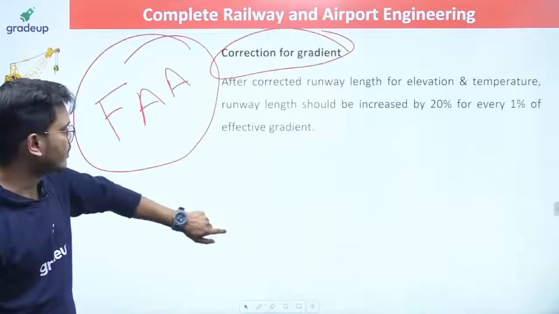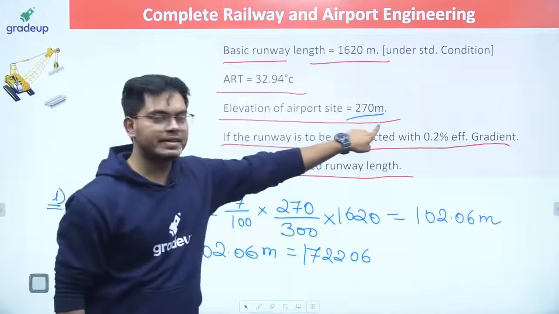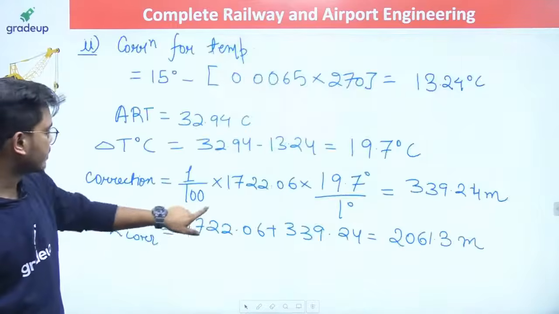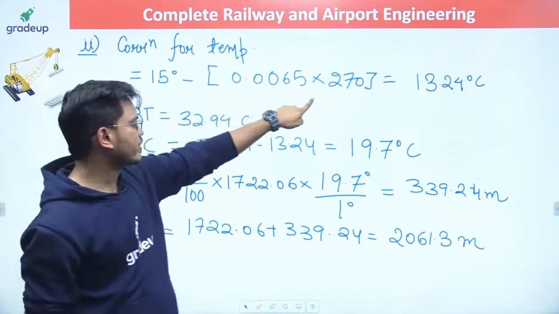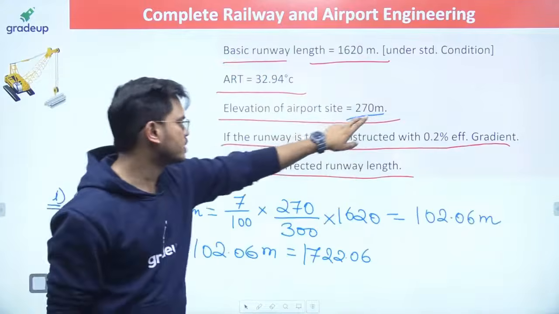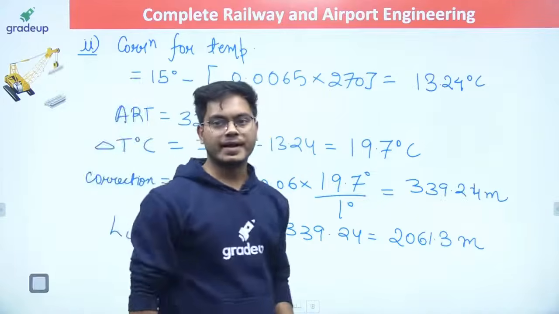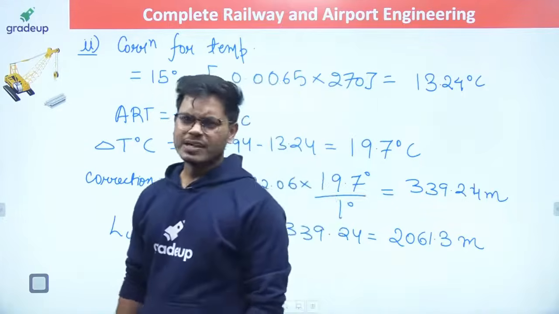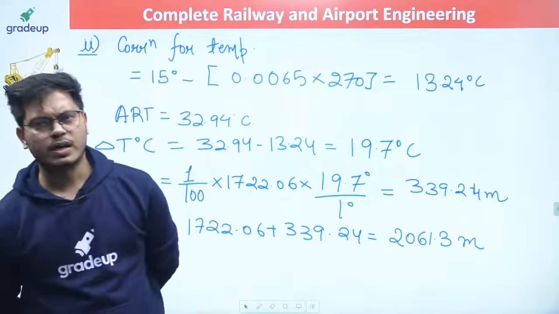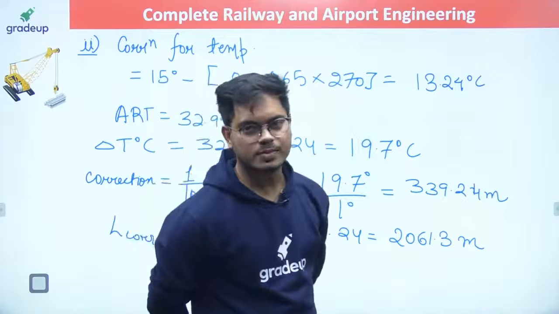So here above MSL is how much? 270 meter. So this is the same thing which I have done. 15 minus 0.0065 into 270. 270 was the above MSL, right? But it is not that much important. If it comes, there is a slight chance, but not very much.